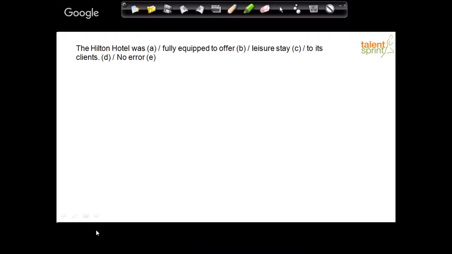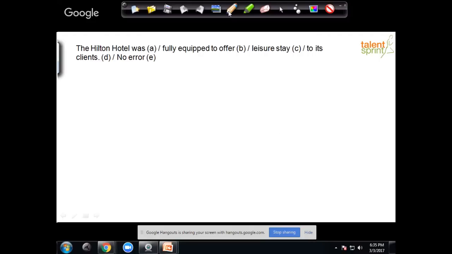Next context. The Hilton Hotel was fully equipped to offer leisure stay to its clients. Where do you think the error is in this one? The Hilton Hotel was fully equipped to offer leisure stay to its clients. Do you think equipped with?